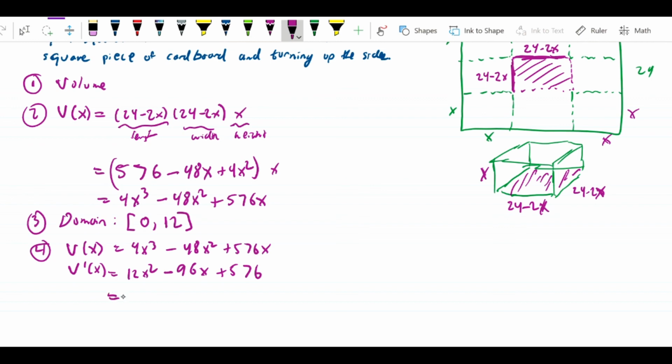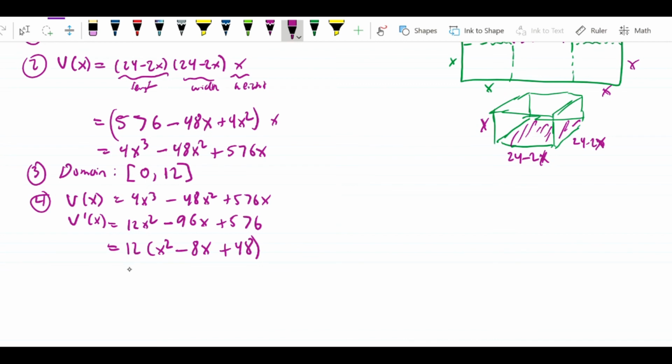This factors as follows: I'm pulling out a factor of 12 from that derivative, and now I can factor the quadratic pretty easily. This is going to be x minus 4 times x minus 12.